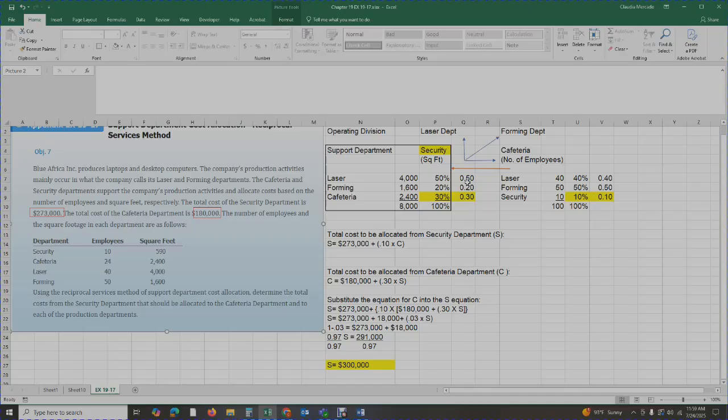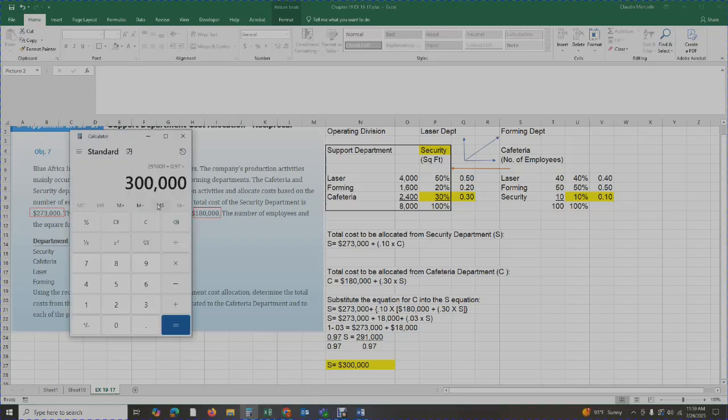So now we were able to calculate using this formula the amount of the cafeteria cost that's going to be allocated to the security department. So now we know that we have 300,000. My original cost is 273,000. That means that $27,000 from the cafeteria is going to be put into the security department.